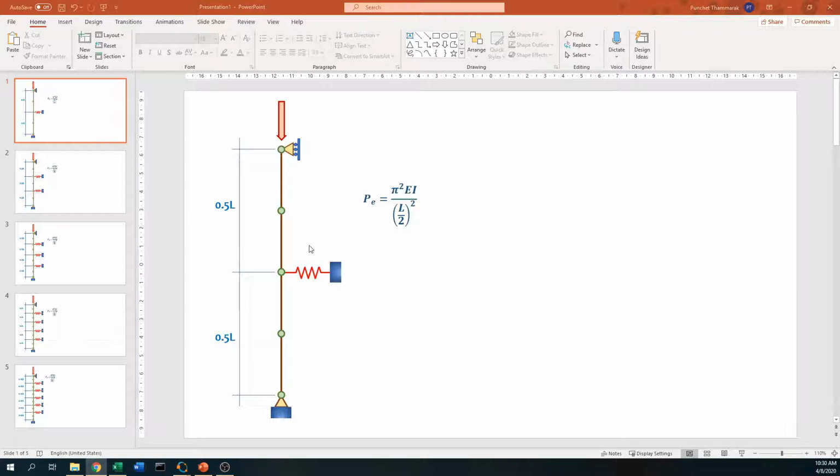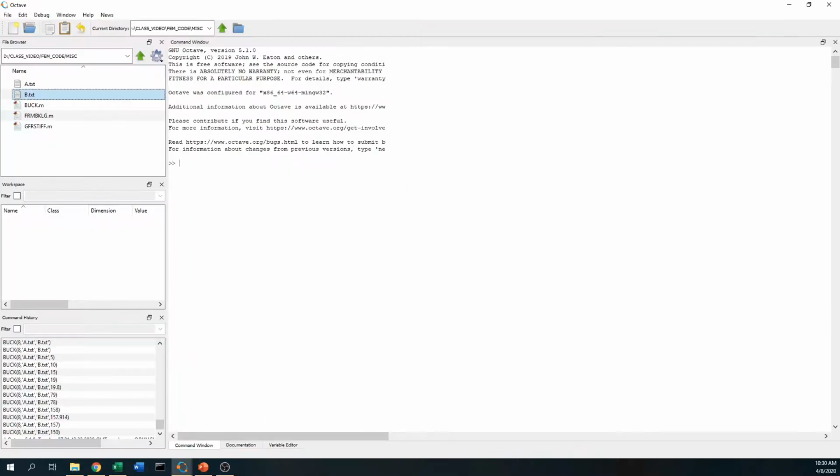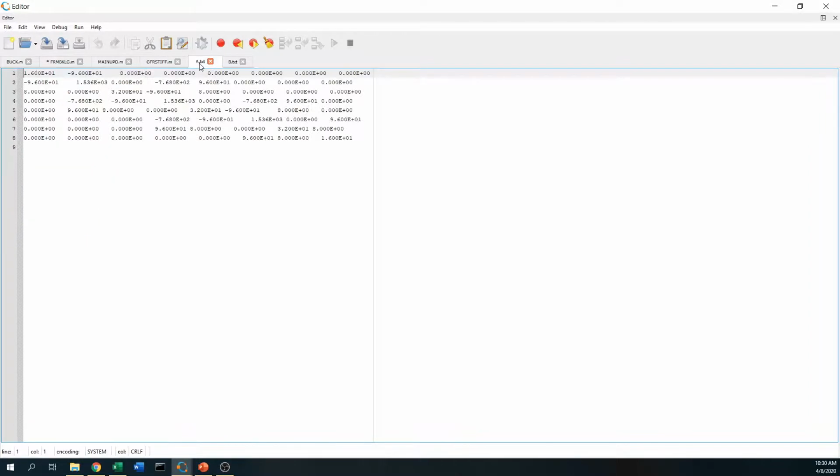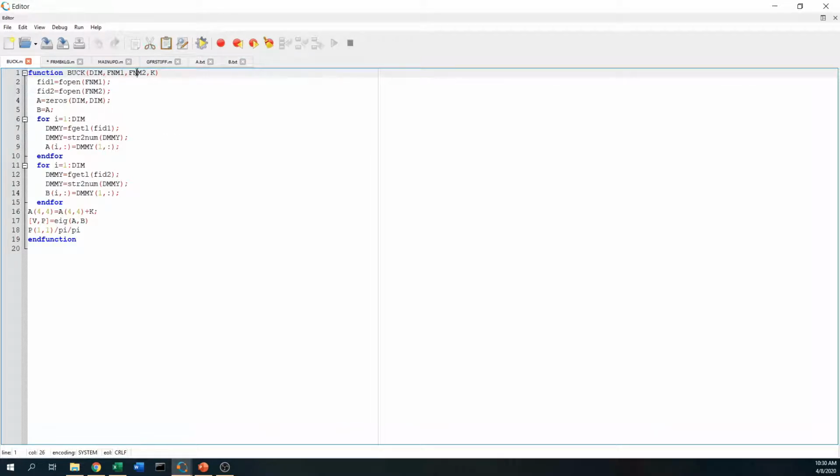You see this system, and Octave we developed over here. It is going to read the text file, which is the stiffness matrix that excludes the boundary condition degrees of freedom. So A and B will be read from here, with file name 1 and file name 2. The K will be provided later, and we are going to see how it works out.